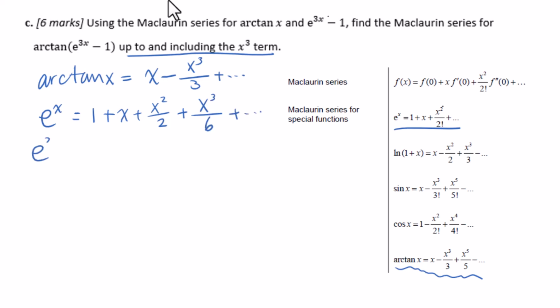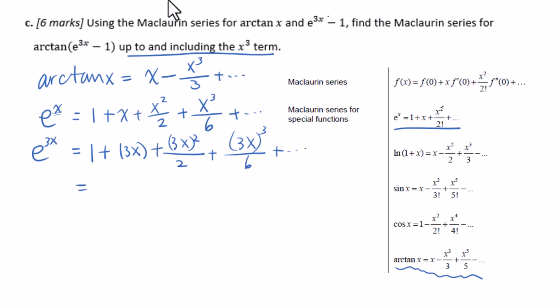Then e to the 3x power: substitute 3x for x. 1 plus 3x plus 3x squared over 2 plus 3x to the third power over 6.